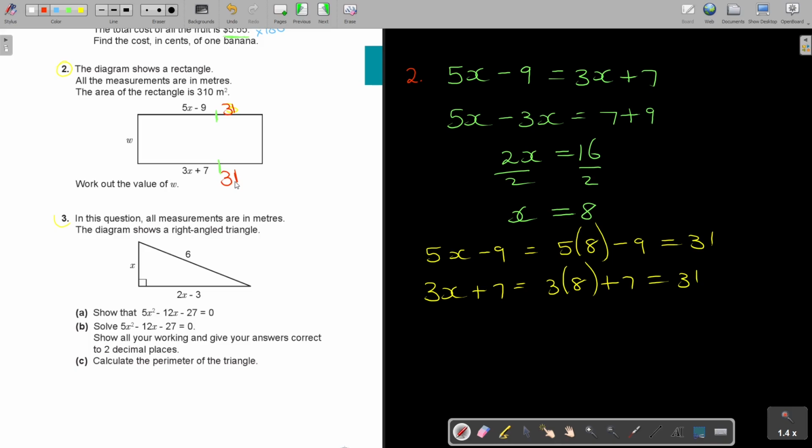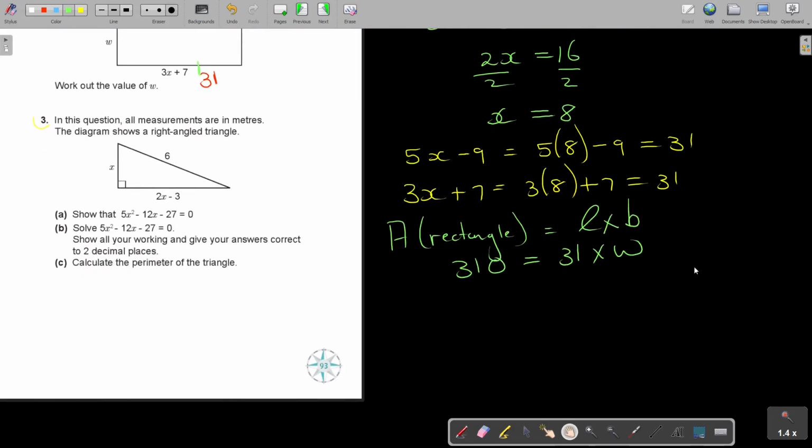Now I tell you the area. What is the area of a rectangle? It's going to be length times breadth. So the area is 310, and in this case its length is 31, and I'm looking for W. Then I just divide by 31, and I get that the value of W is equal to 10.